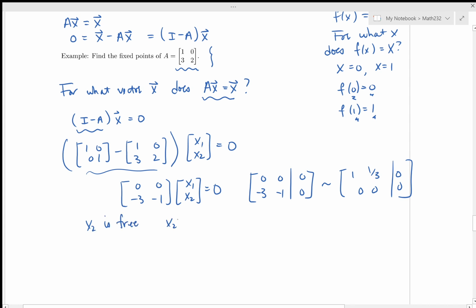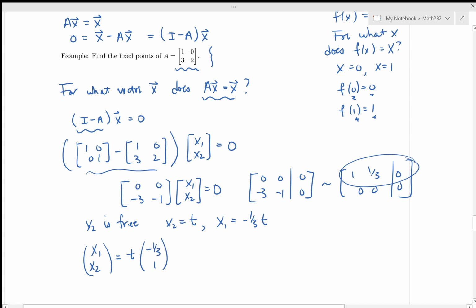So I'm going to put x2 equals t, and then I find that x1 is minus 1/3 t. That gives me the vector (x1, x2) equal to t times (minus 1/3, 1).